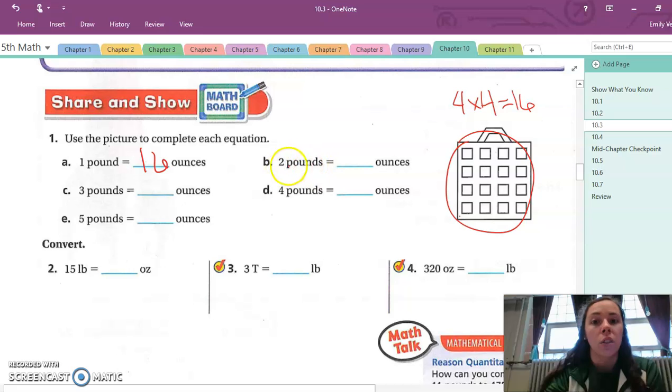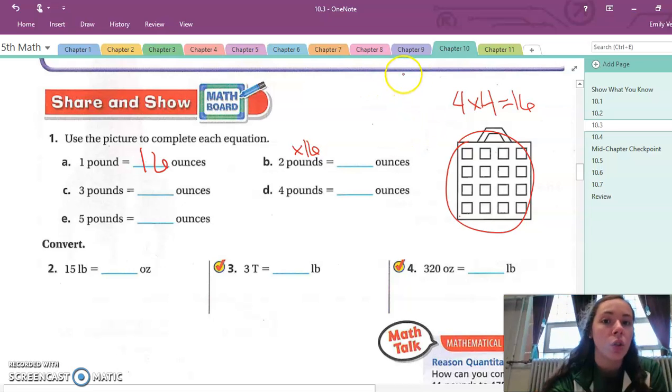2 pounds. So if I copied this and I pasted it below it or beside it, now I have 2 of them. How many ounces would be in 2 of them? Remember, when we go from big to small, we times, because we're going to have a lot of littles, by the base number of the smaller unit, which is 16. 2 times 16.